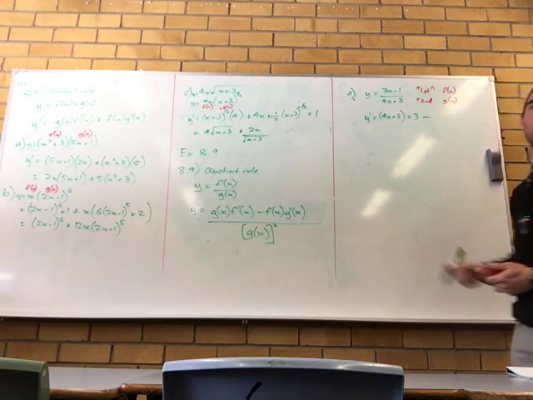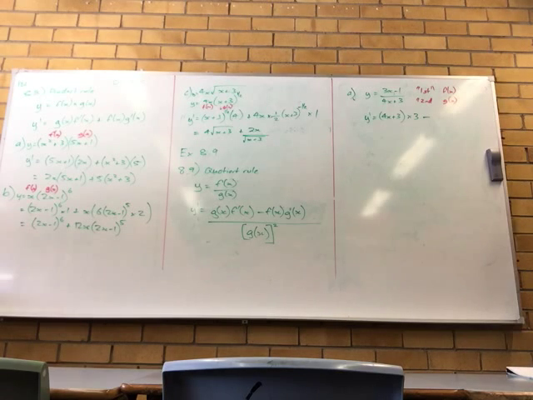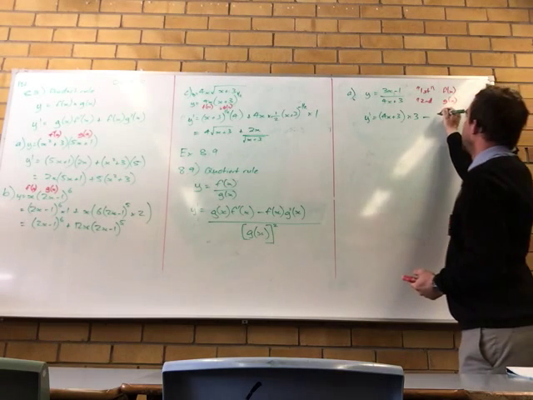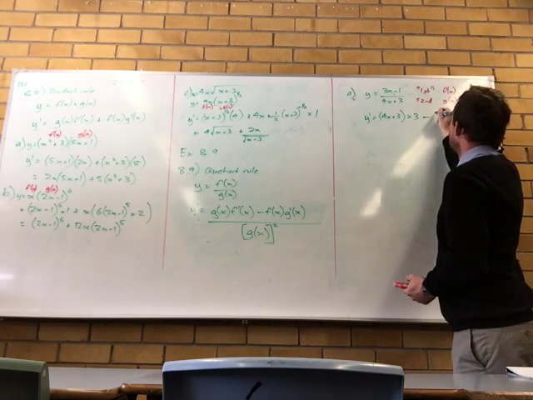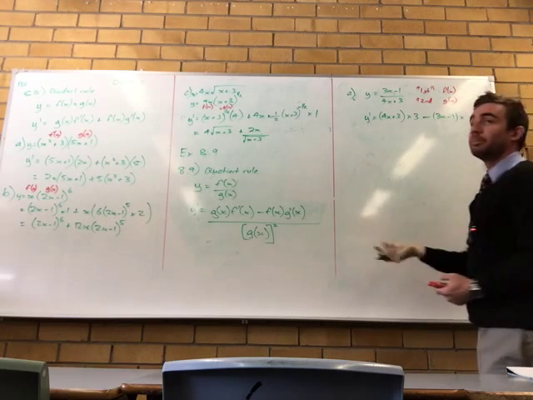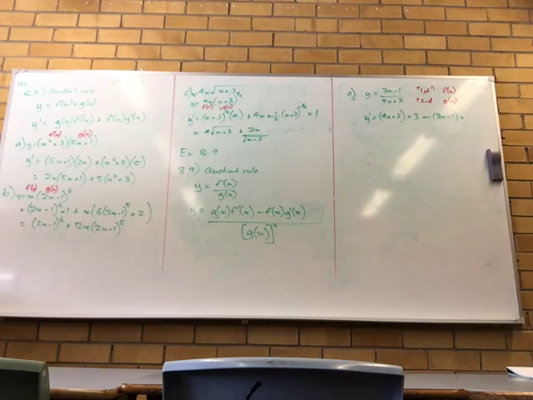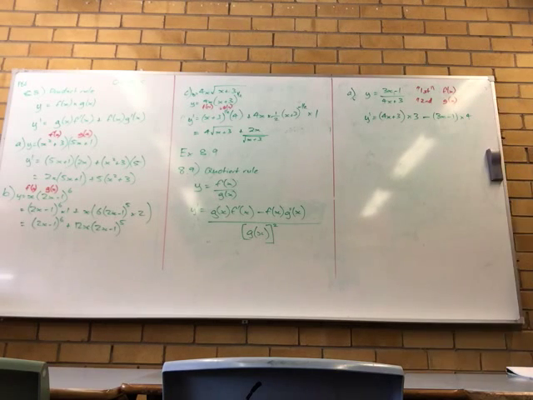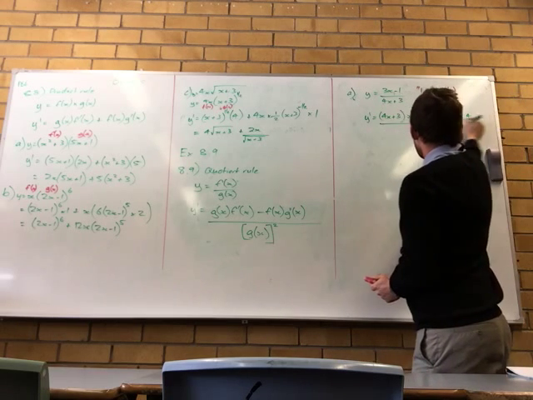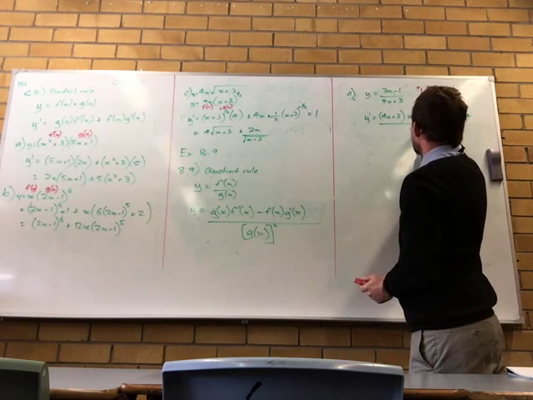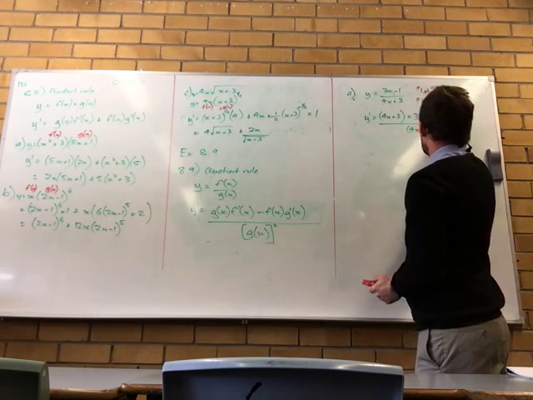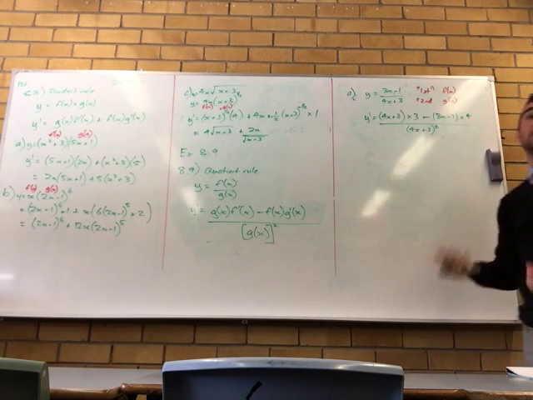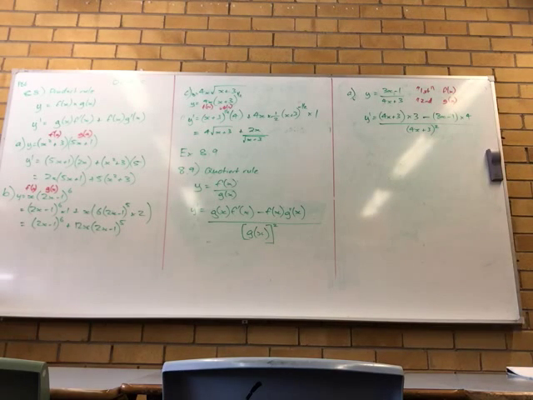Take away, for the quotient rule, the first, so the top, 3x take away 1 in bracket, times by the derivative of the second, derivative of the bottom, times 4. And you rewrite the denominator, 4x plus 3 to the power of 2. So you square the denominator.